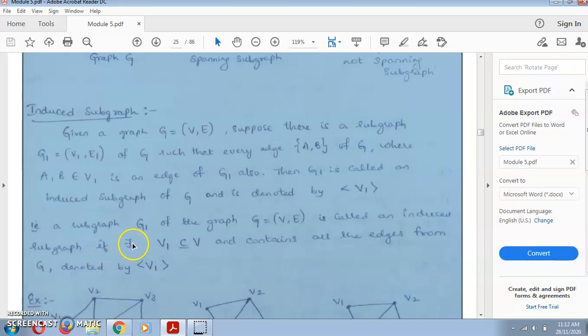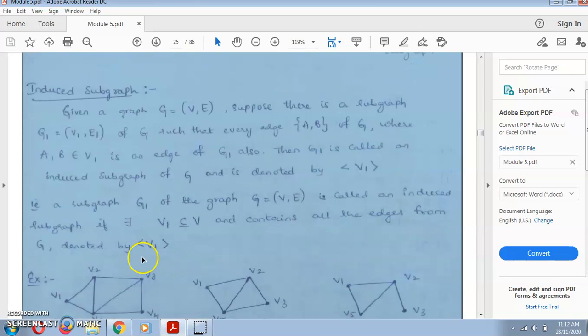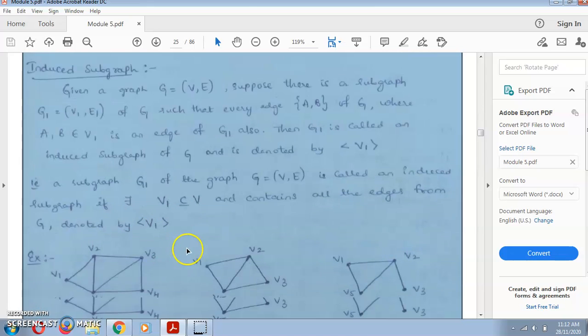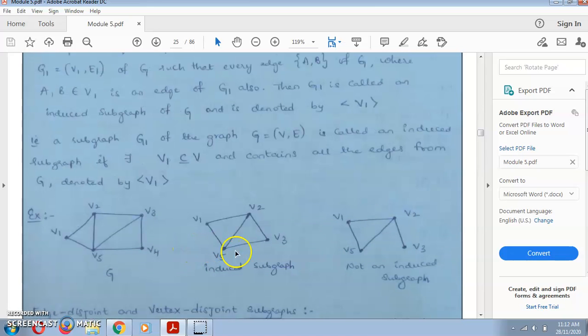A subgraph is induced if for all V1, a subset of V, it contains all the edges from G, denoted by this particular symbol. So, induced subgraph. This is a graph, and this is an induced subgraph, and this is not an induced subgraph.